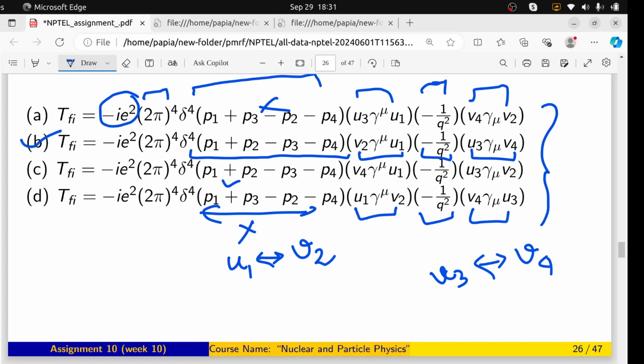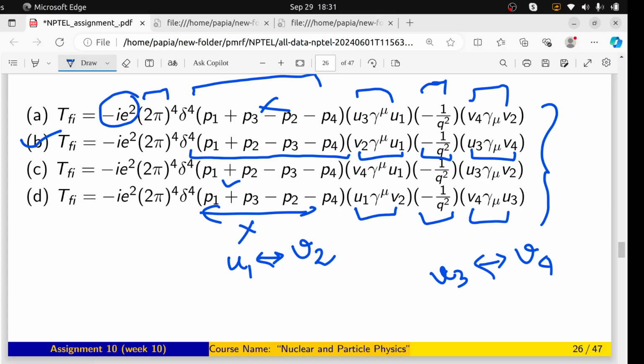So the correct option will be B, where minus i, e square, 2 by 2 to the power 4, delta 4 of P1 plus P2 minus P3 minus P4, then vertex A is V2 gamma mu U1, minus 1 by q square, U3 gamma mu V4. Obviously you can ask me that it should be U1 bar, then V2, and U3 bar and V4 like that, but for simplicity we can write it like this also.